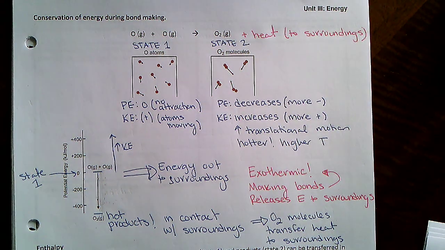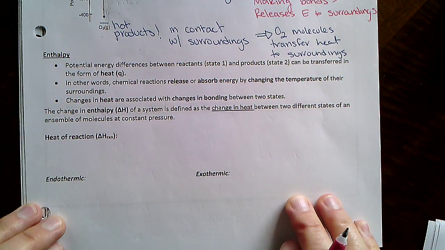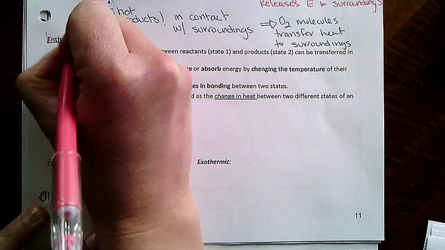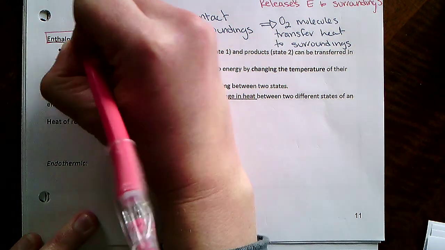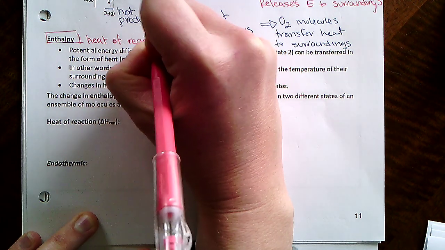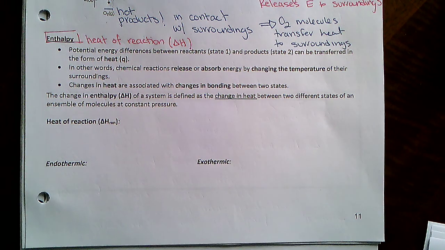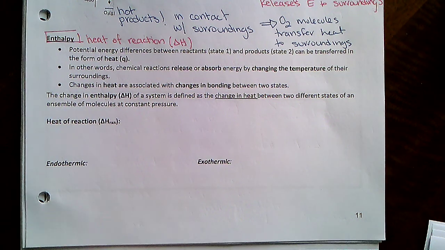Okay. So we're going to think it through in another set of terms. Enthalpy is a term that we're going to be using for the rest of the unit. It is synonymous with heat of reaction, and abbreviated delta H. Okay, so I just want to go through a few points before we define it.